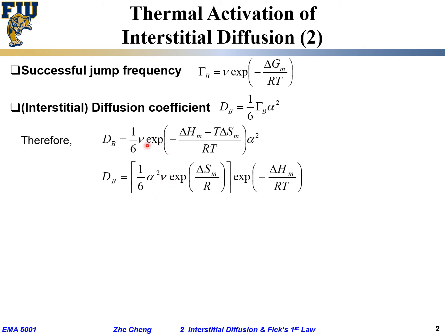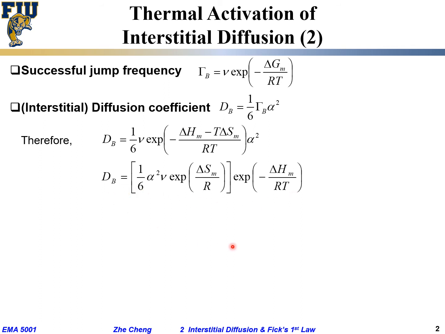This mu we keep. But the exponential term, this t delta x minus, cancel. T delta x over RT, do you see the t cancel, becoming delta s over R? This whole thing becomes our pre-exponential term. And the other term would be exponential of minus delta H over RT.